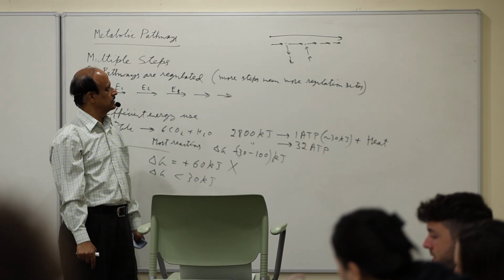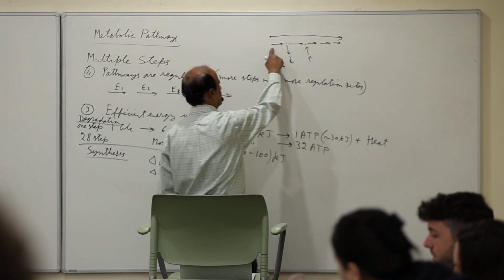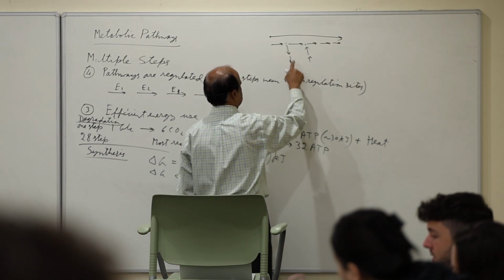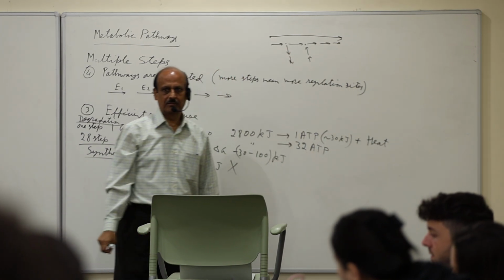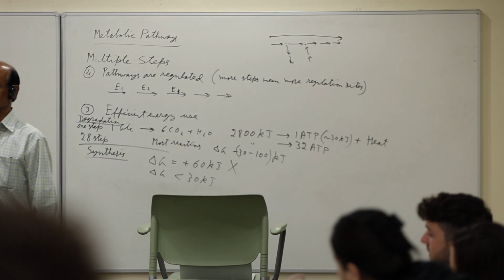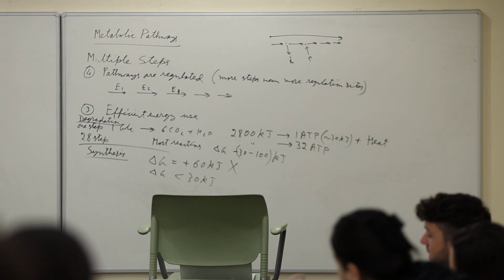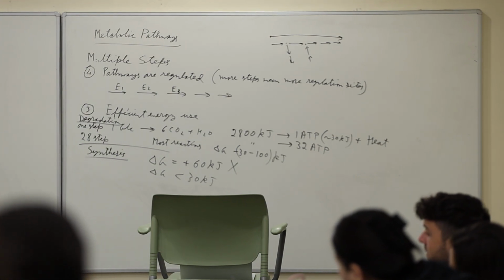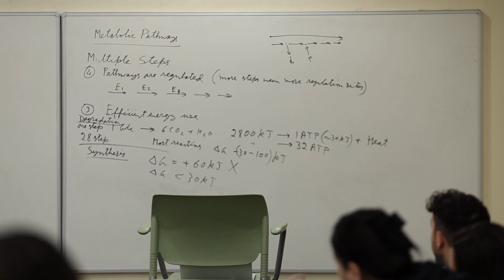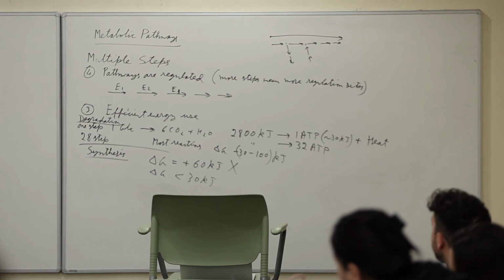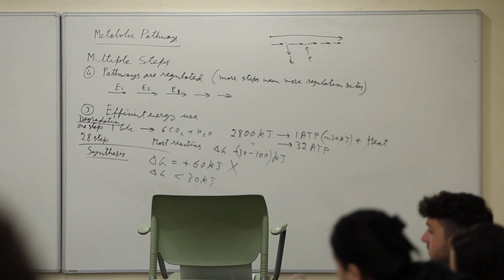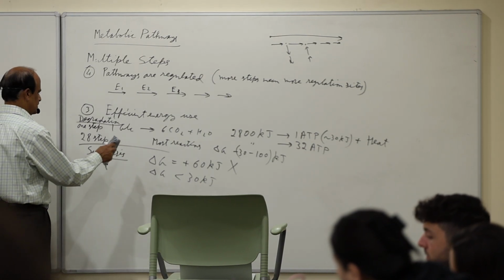We want to regulate this, not just this pathway that I've written here, this is also another pathway, you want to regulate both of them. You don't need both of those pathways all the time. Whichever is needed, that enzyme will be turned on and the pathway will be on. So if there are more steps, then you have more places where you can regulate it. Alright, so I'm going to erase all this.